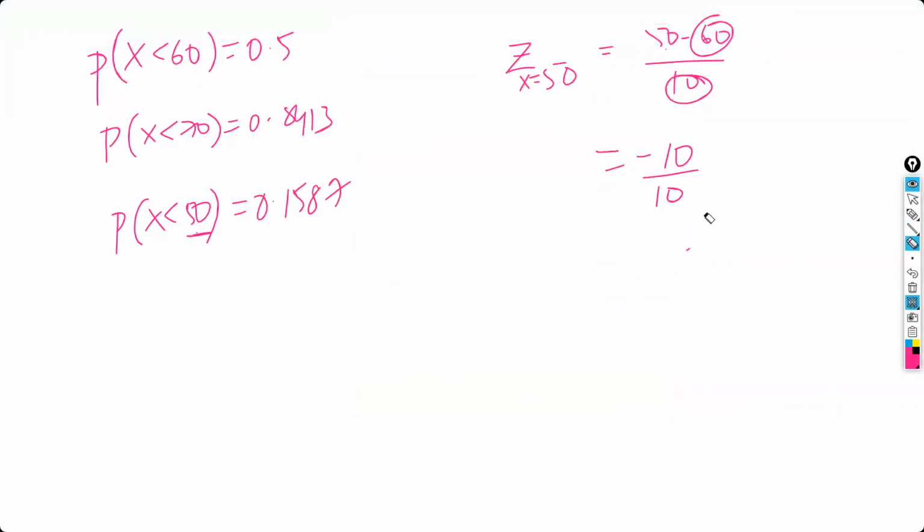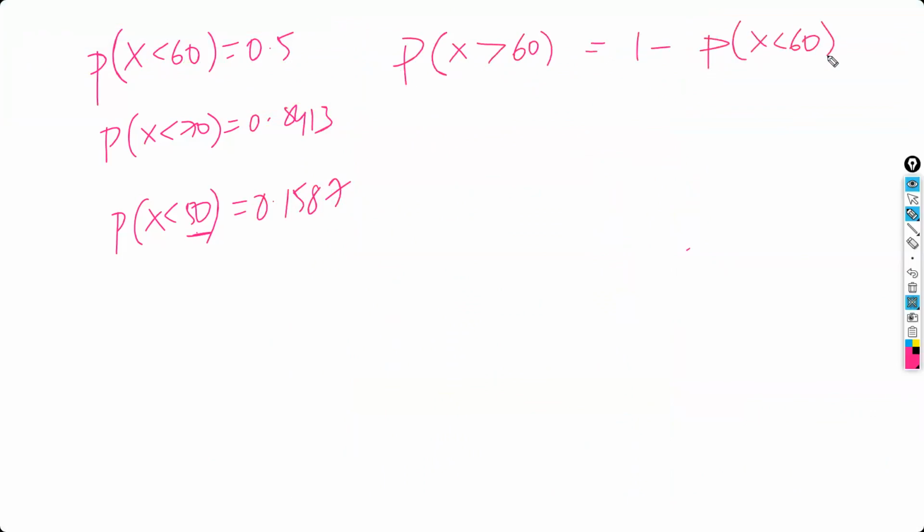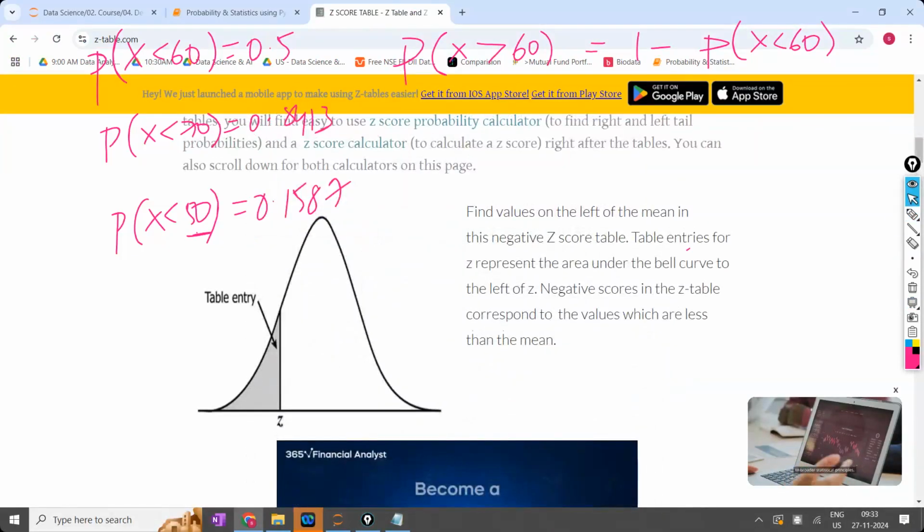Now, based on these three, the next question is, sir, what is the probability of x greater than 60? Greater than 60, how to calculate? Whenever there is a greater than symbol, always we have to write 1 minus probability of x less than 60. Why, sir? Because from the z table, every time you will get the left side area only.